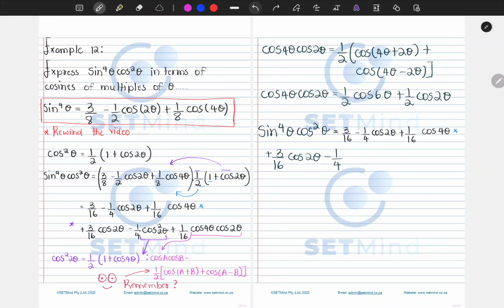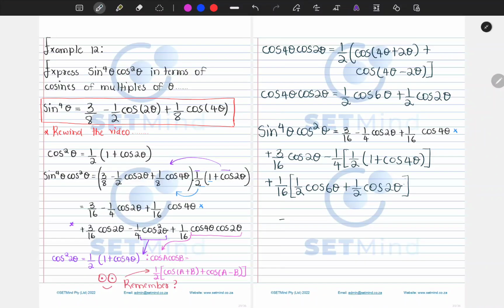Very important, that part there which is multiplied by minus 1 over 4, it changes. It becomes 1 over 2 into 1 plus cos of 4 theta. And then plus 1 over 16. So what multiplies the 1 over 16 is what we have above here, 1 over 2 cos of 6 theta plus 1 over 2 cos of 2 theta.